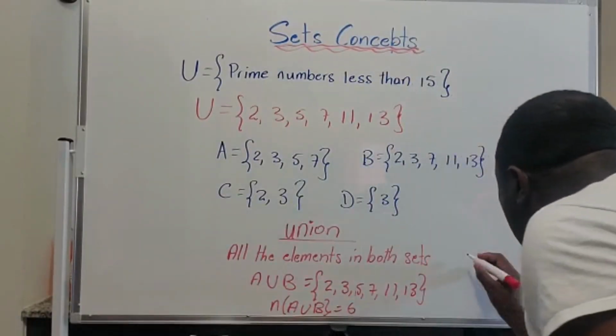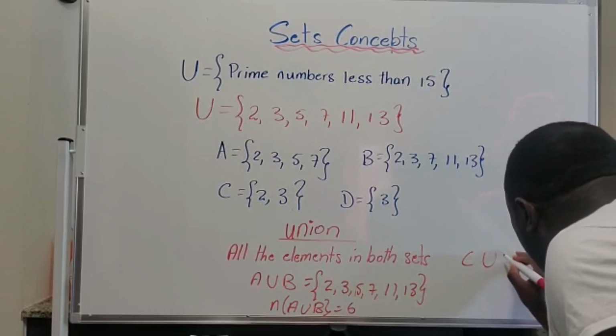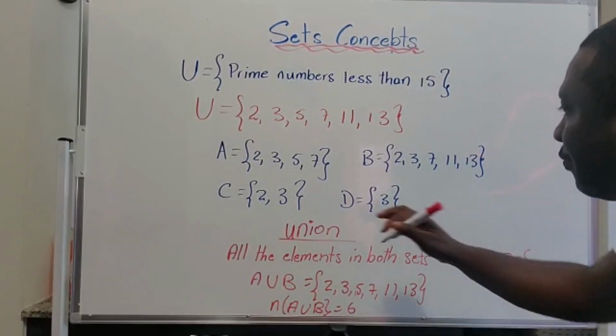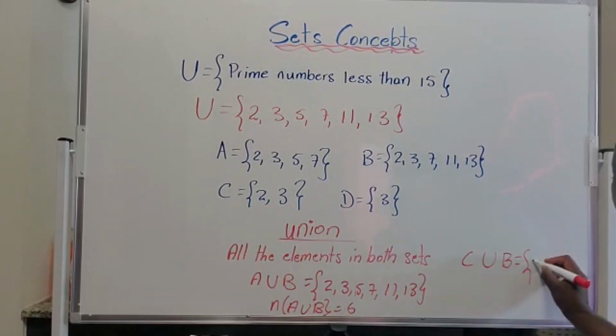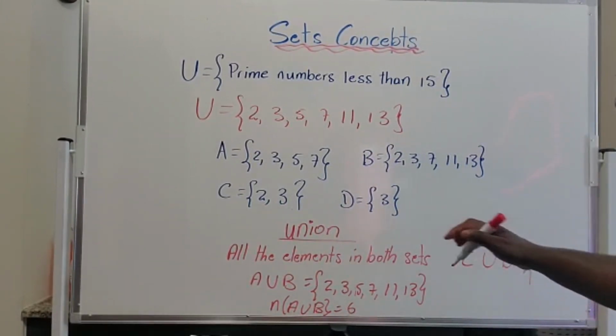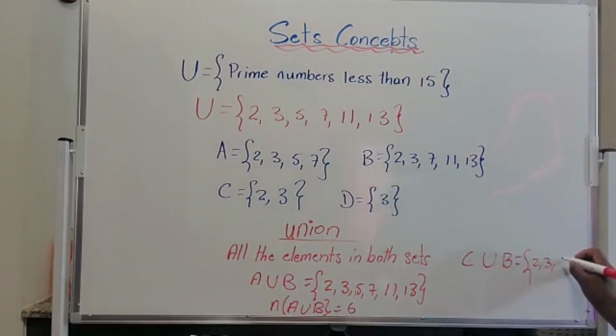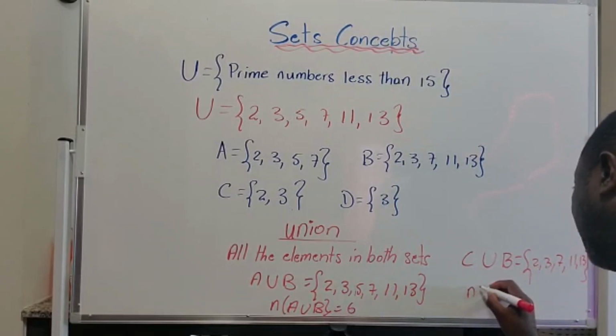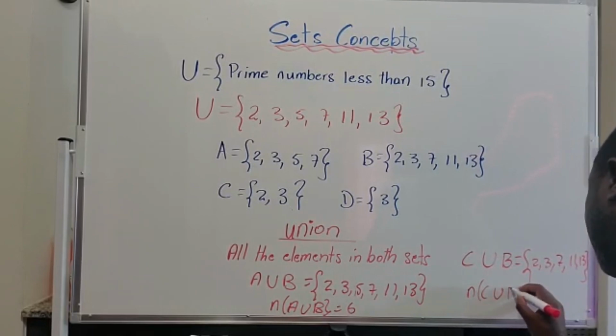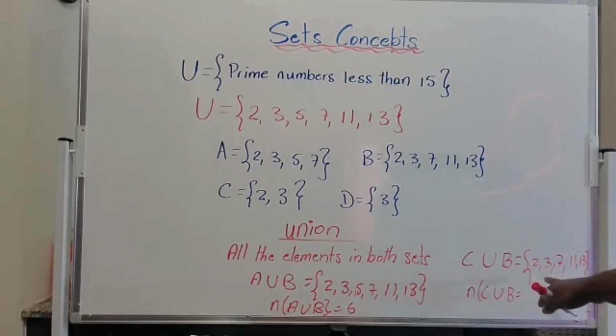I'm going to take C union B. So first I'll just go ahead and list the elements in C: 2 and 3. Are there any elements in B that I have not yet listed? That would be 7, 11, and 13. So C union B, these are the elements. If you were asked the number of elements in C union B, we are counting the elements 1, 2, 3, 4, 5. The outcome would be 5.